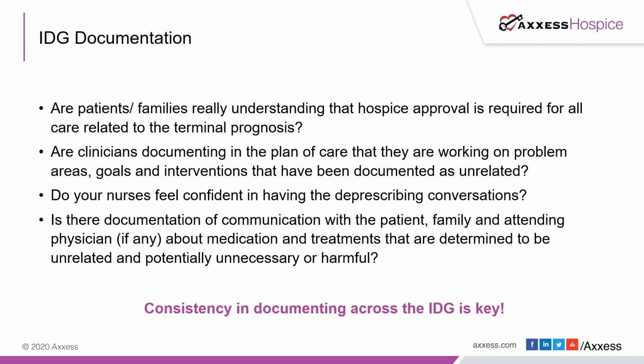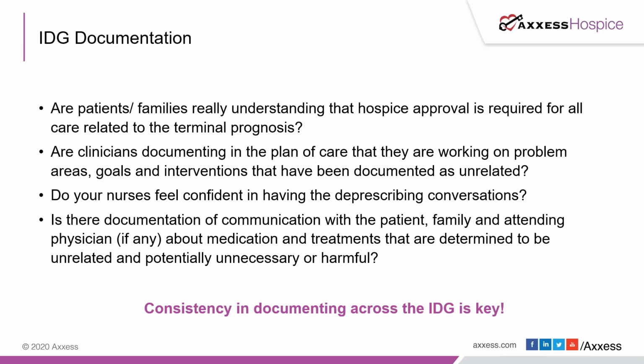And your IDG documentation: make sure every member of the team is documenting that the patients and families understand that hospice approval is required, and make sure your clinicians are documenting in the plan of care as to the covered items, and not uncovered. Like if the physician is saying this mental illness is not related, but your social worker is documenting about their anxiety and bipolar disorder, that's going to be problematic.